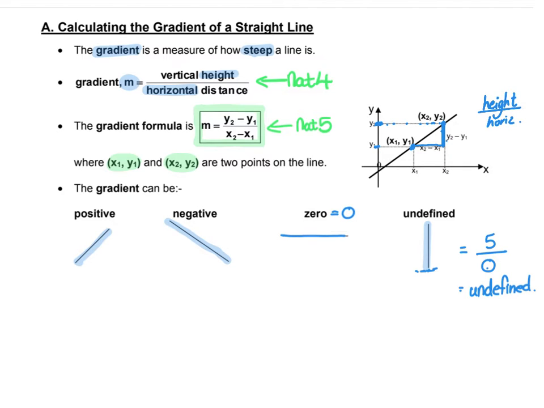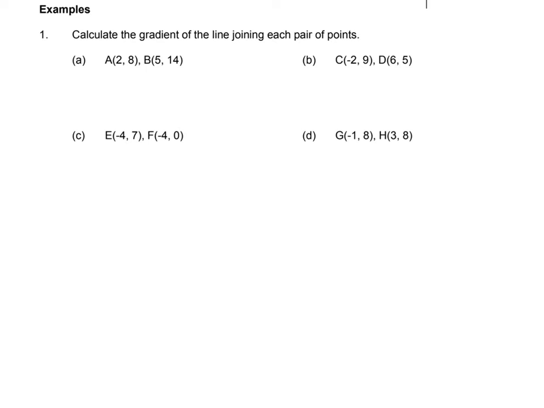So y2 minus y1. So the height is y2 minus y1. Okay, so just remember that this is because y's up. So that's where the height comes from. Okay, and then on the bottom we do our x2 minus our x1 because x is across.